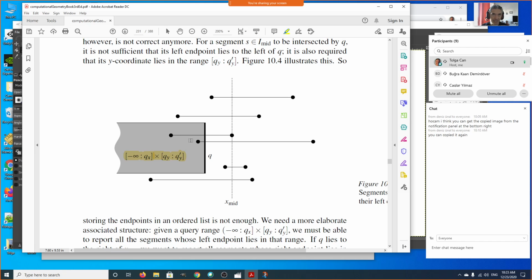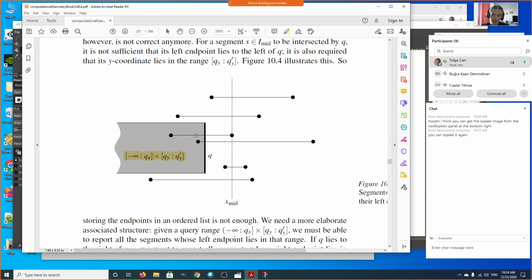If you think again about the original problem, our goal was to find line segments that intersect with the orthogonal query window. This shaded part is not inside the query window. If it was inside the query window, these segments would have been identified by range queries already, right? So this is actually the left boundary of the orthogonal query window. The orthogonal query window is something like this.